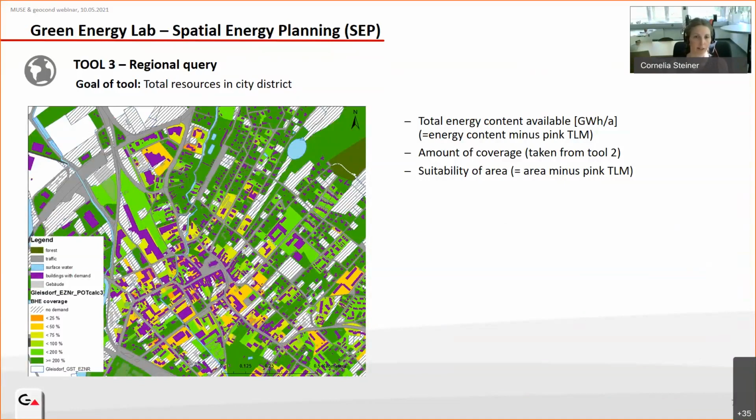But in this case, we take into account the pink areas from our traffic light map, because we know that it won't be possible to use the shallow geothermal energy system in those areas, so we exclude them from the energy content calculations. We can also calculate the amount of coverage that is taken from tool number 2.